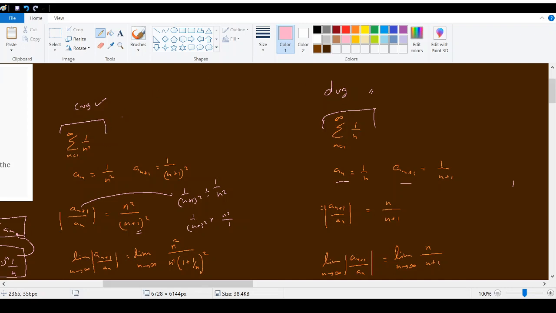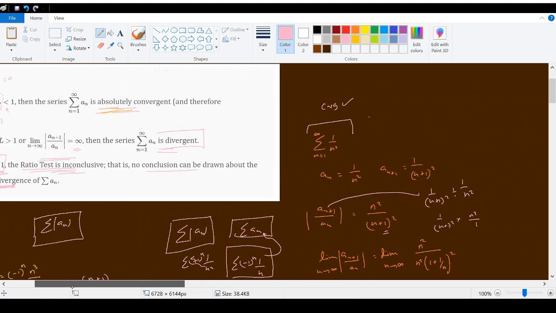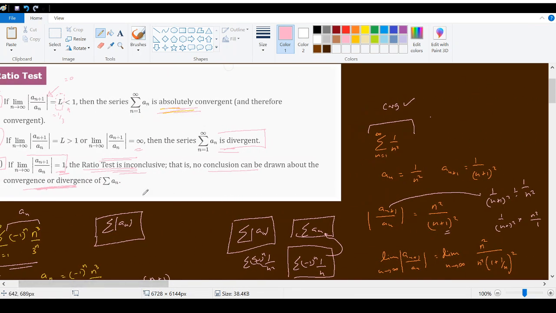That means from the ratio test, we cannot decide anything about the convergence or the divergence of the given series. So then we will have to go for a different technique. Keep all these ideas in your mind.